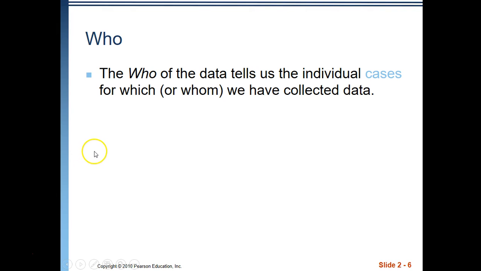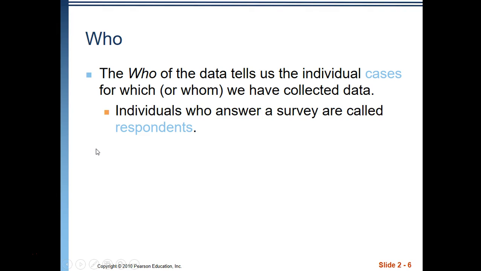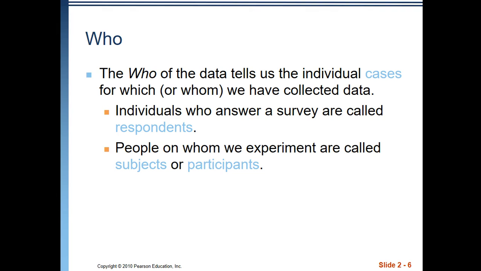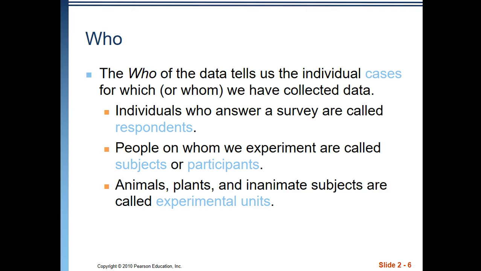Who? The who of the data tells us the individual cases for each, right? Who we are collecting. Individuals who answer a survey are called respondents, because they are responding to the survey, and people on whom we experiment are called our subjects or our participants. Animals, plants, inanimate objects are experimental units.